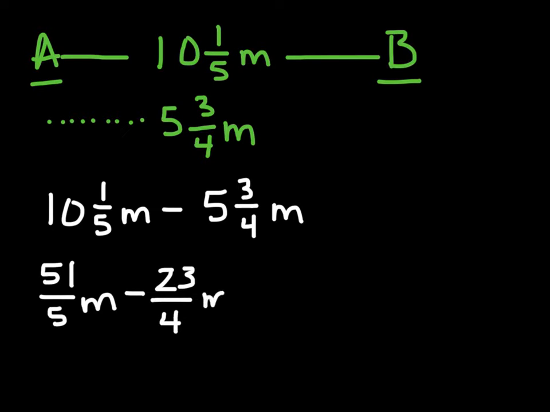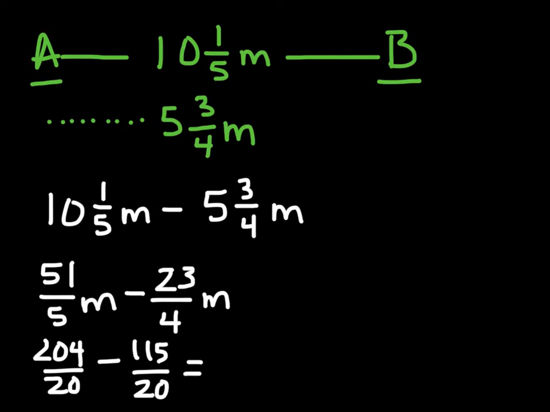23/4 miles. Our next step is to find a least common denominator, which in this case I believe is going to be 20. So our numbers become 204 over 20 minus 115 over 20, giving us an answer of 89/20.